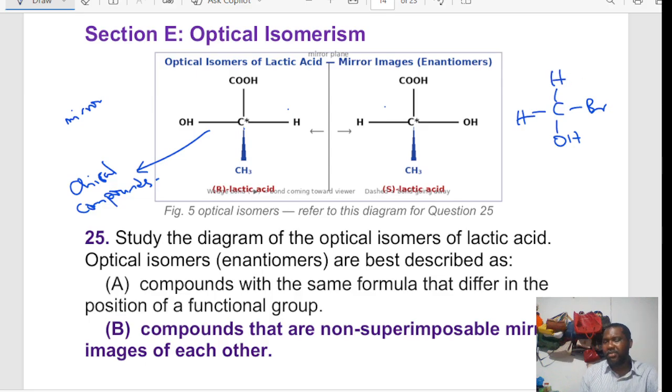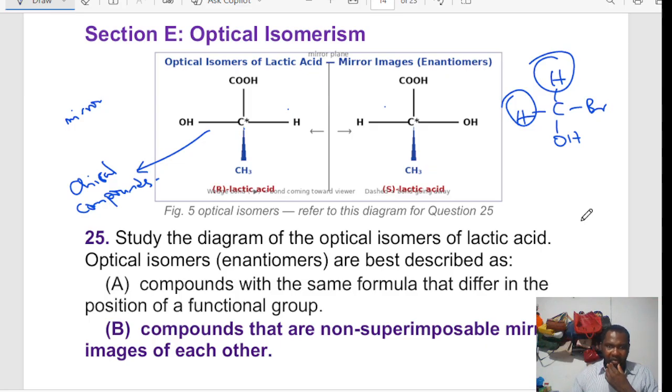This cannot exhibit optical isomerism because you have 2 repeated hydrogen. There should be no repetition of group around carbon. Optical simply means anything that can be influenced by light. An object is optical if it can be influenced by light. It can rotate in the presence of a polarized light.